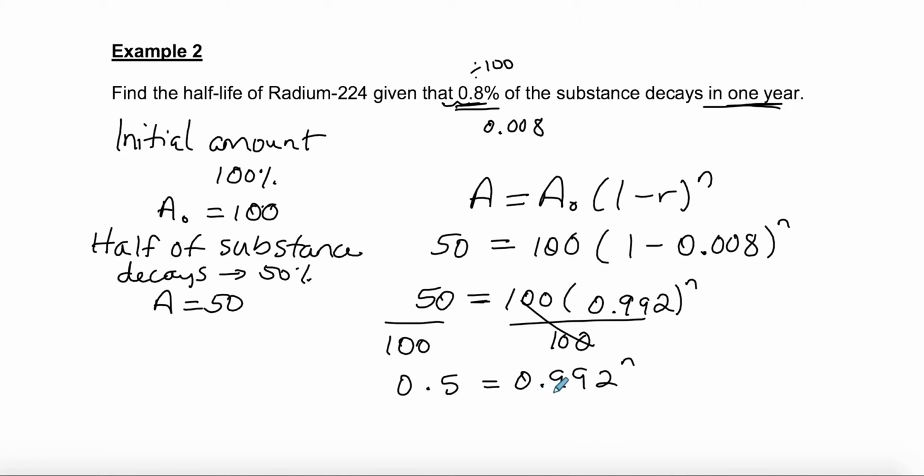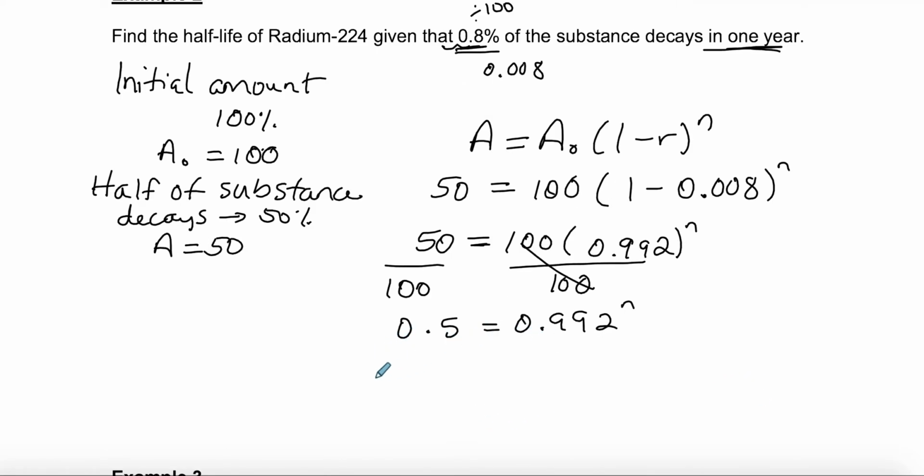So this is saying 0.992 to what exponent gives 0.5. So when we're trying to find an exponent, we know that we can use logarithms. We could write that in logarithmic form, where the exponent is what we're trying to find, and we have a base of 0.992. The answer is 0.5.